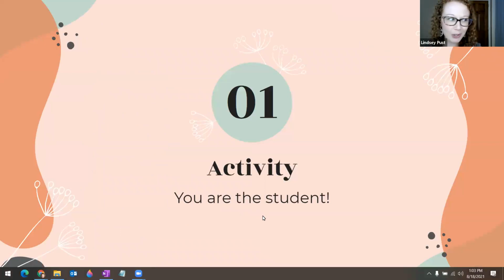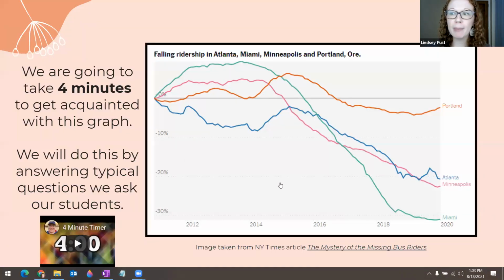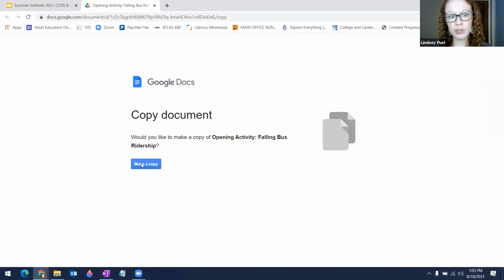Again, this is only 45 minutes, so it's not going to be enough time to do this, but we're going to give you about 4 minutes to just look at this graph and answer some questions. So I'm going to put a link in the chat, and it's going to be a forced copy. When you click on it, it's going to force you to make a copy.